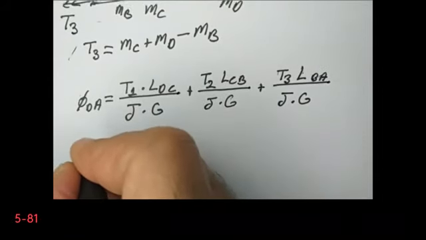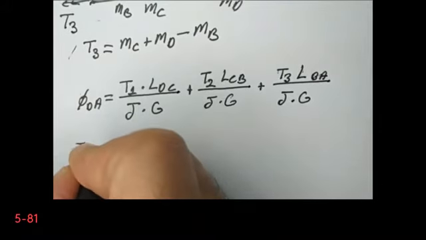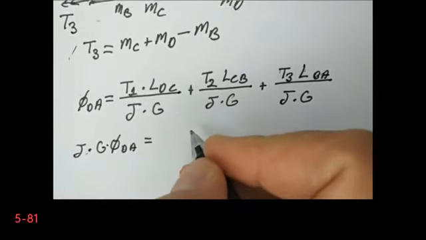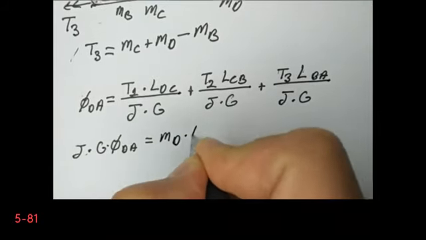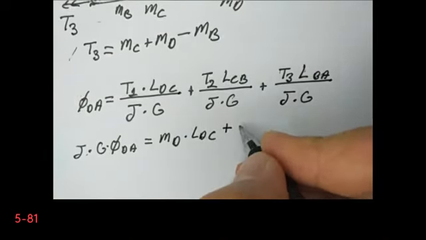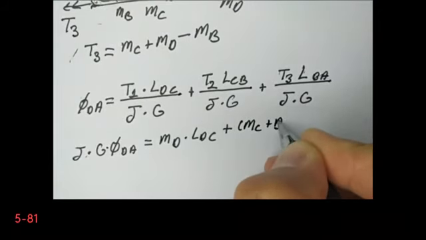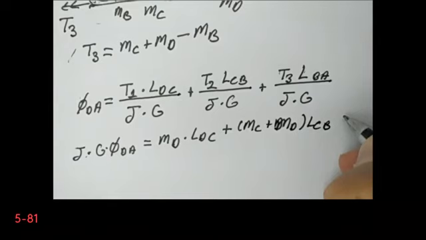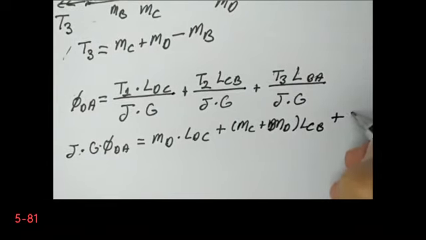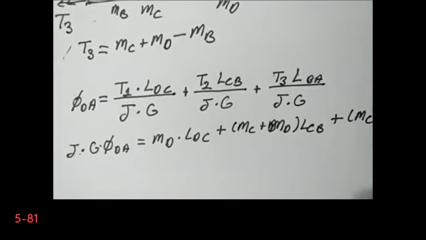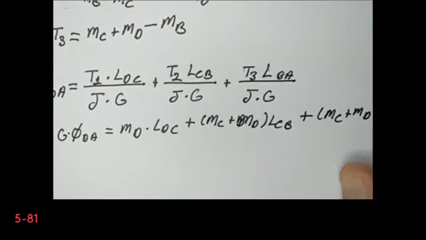So J multiplied by G multiplied by PDA is equal to T1, which is MD, MD multiplied by LDC, plus T2, which is MC plus MD, multiplied by LCB, plus T3, which is MC plus MD minus MB, multiplied by LBA.